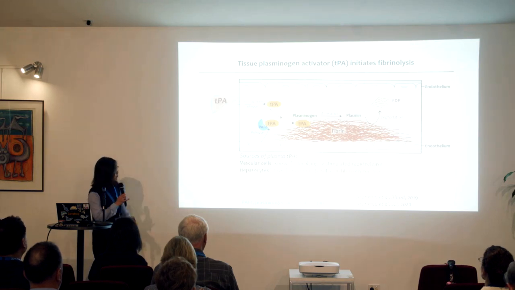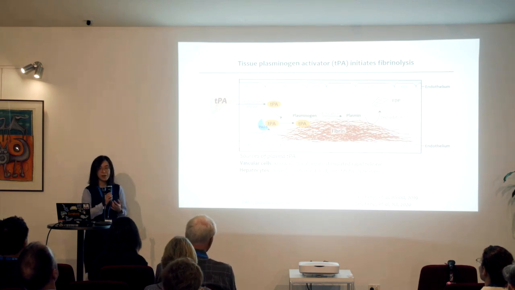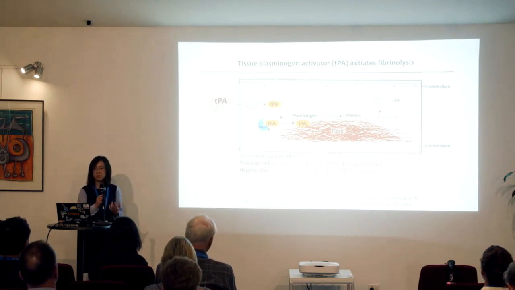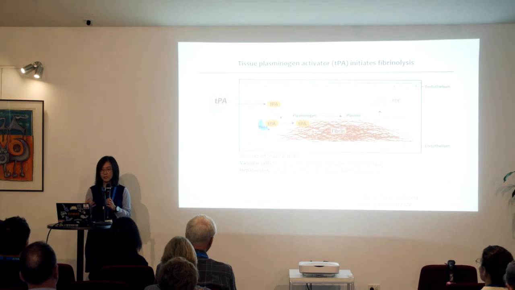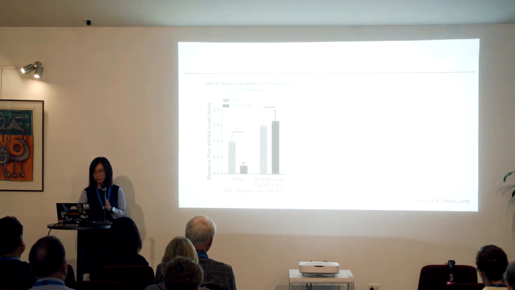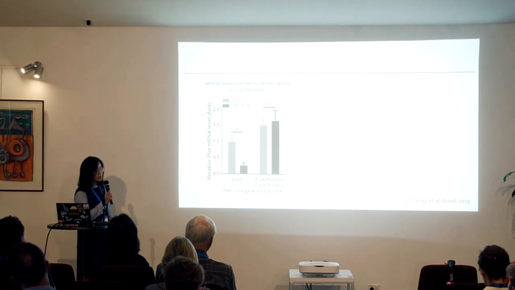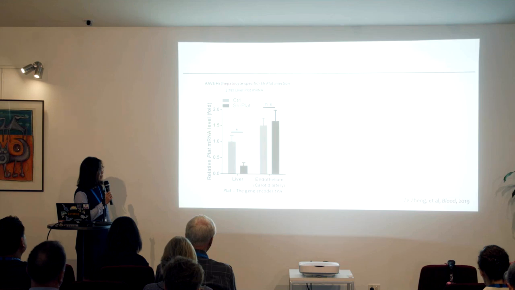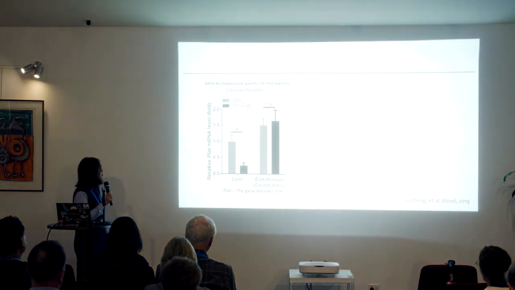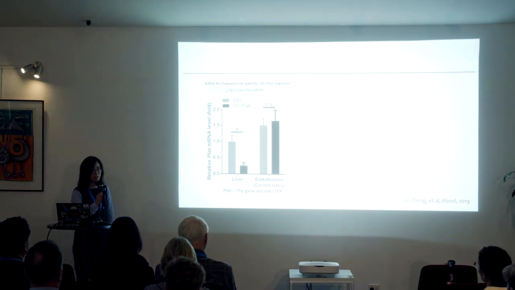A few years ago, I described a study showing that the hepatocyte, the major cell in the liver, can make TPA and also secrete the hepatocyte-derived TPA into the circulation, where it contributes to fibrinolysis. Specifically, we used a model to investigate the role of hepatocyte-derived TPA by using the AAV H1 vector to deliver a hairpin RNA against TPA mRNA in the hepatocyte.